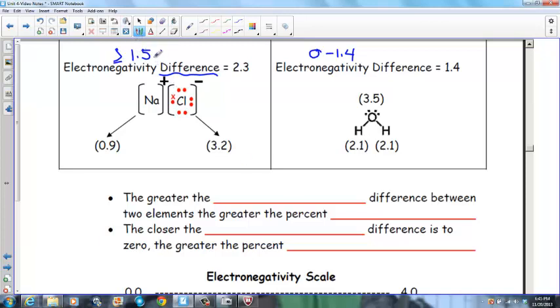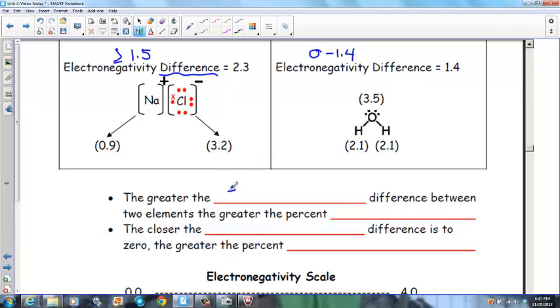So if it's above 1.5, it has ionic character. For this next one, here's water, H2O, and we have to look at the electronegativity difference between oxygen and hydrogen. Because there are two hydrogens, we only have to do it between the one hydrogen and the one oxygen. When we subtract 2.1 from 3.5, we get 1.4, and that falls in the covalent range.